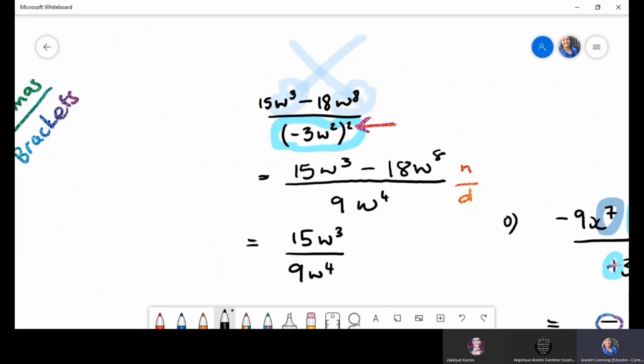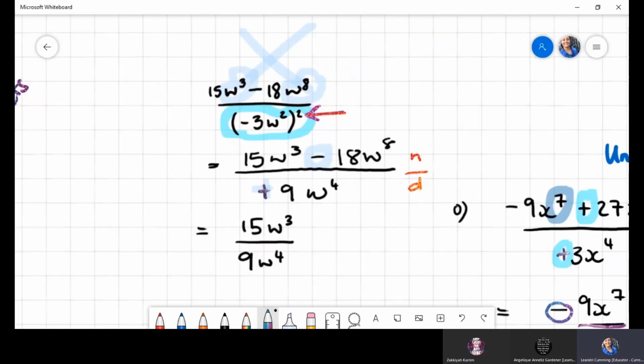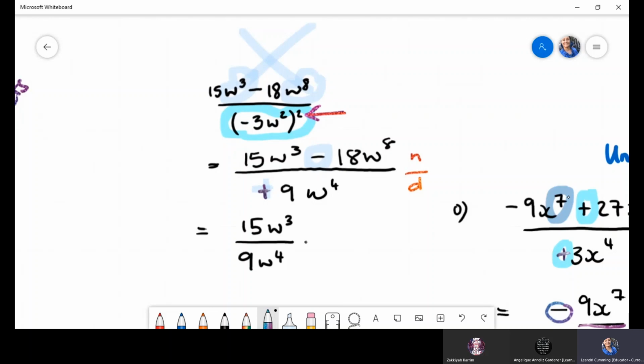And then I go straight into checking out this sign. And I see, okay, this is a negative, but there's a little positive, and I want to sort it out right now before I go any further. Negative divided by a positive is a negative. And then I still write my 18w to the power of 8 over 9w to the power of 4.